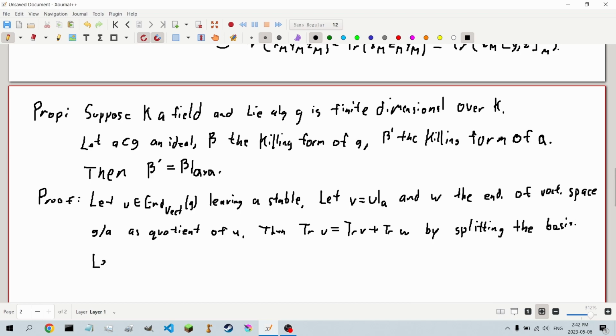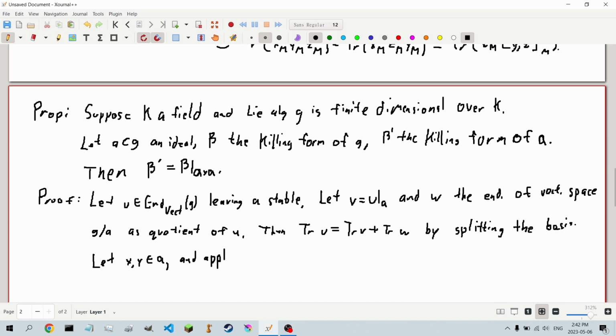So then I'm going to let X and Y be in our ideal, and apply, it says, the above formula.